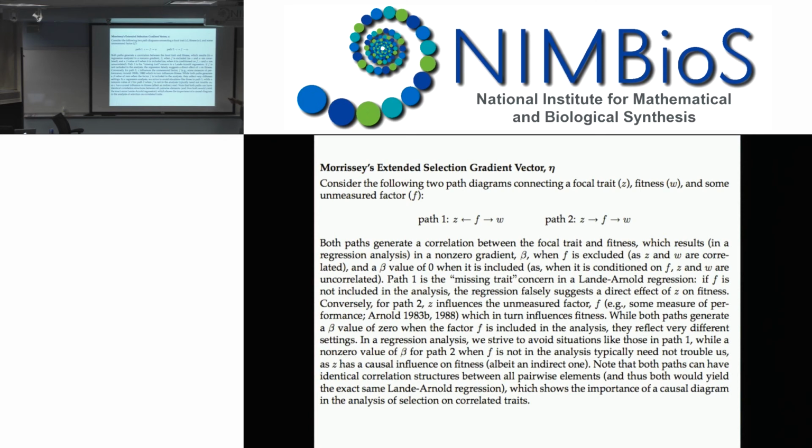Here, the correlation is not caused by causality, it's caused by something else. So those are traits we want to look at the difference, because here we don't care if we don't have F. Here, not having F gives a very different interpretation, because Z never affects W. Here, Z does affect W, but indirectly.